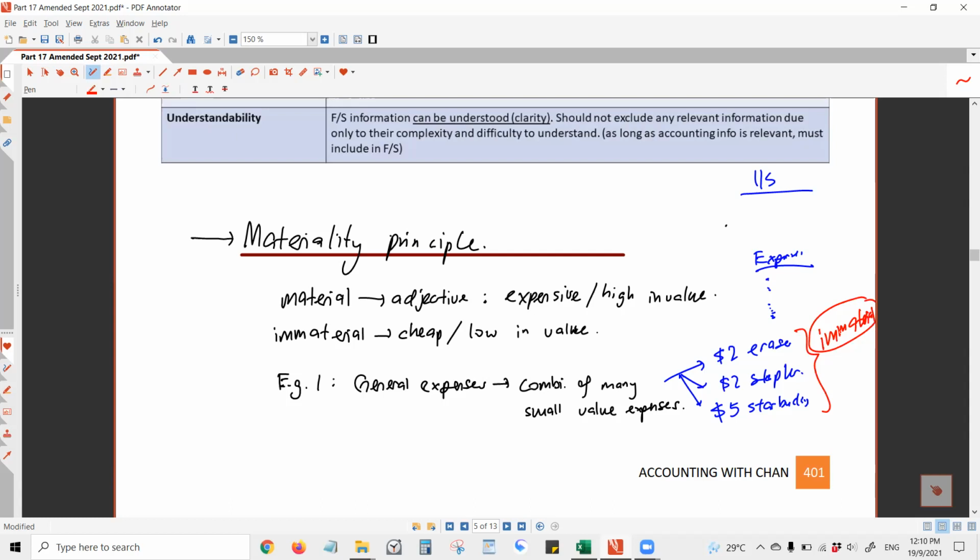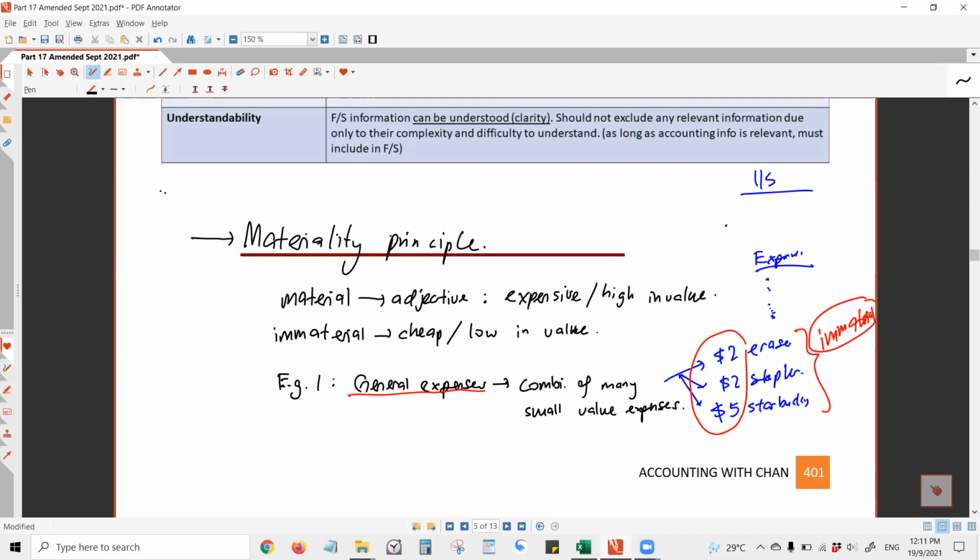To follow the principle, we are allowed to combine all these expenses and call it general expenses. Things that are immaterial, cheap in value, low in amount, you can combine them together. That's what this principle tells you.